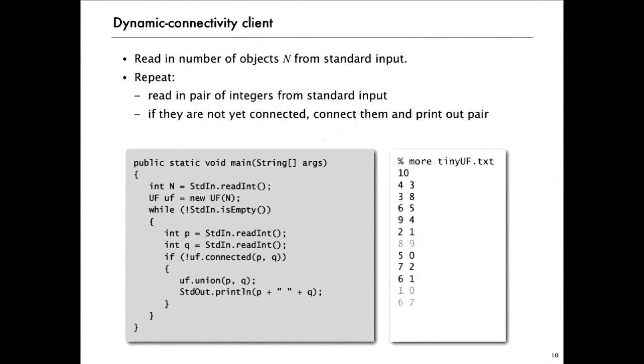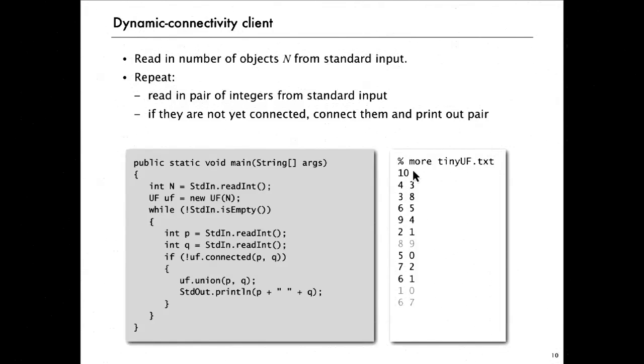One of the practices that we'll follow often in this course is to check our API design before getting too far into dealing with the problem, by building a client that is going to use the data type that we develop. So for this example, we've got a client that will read information from standard input.